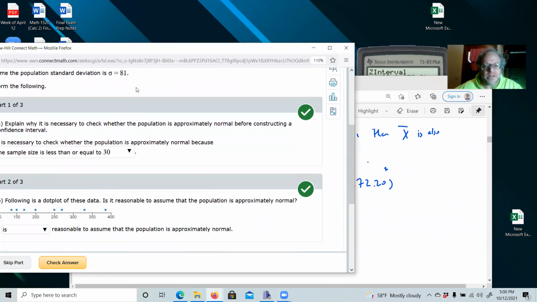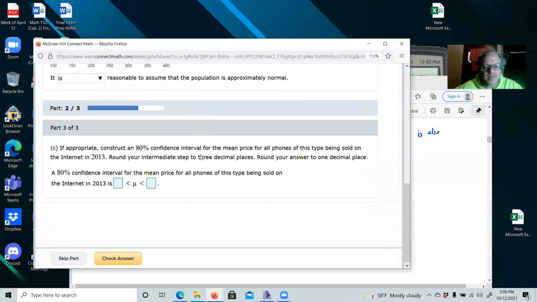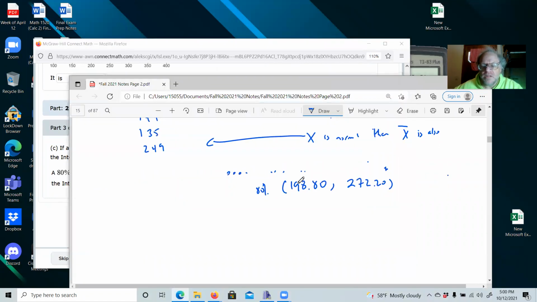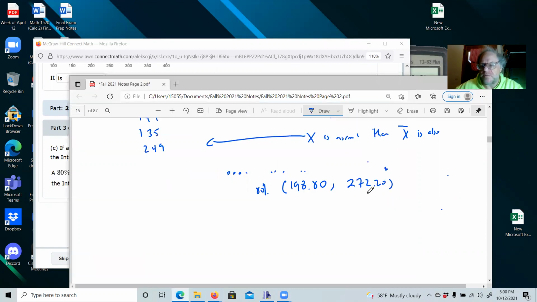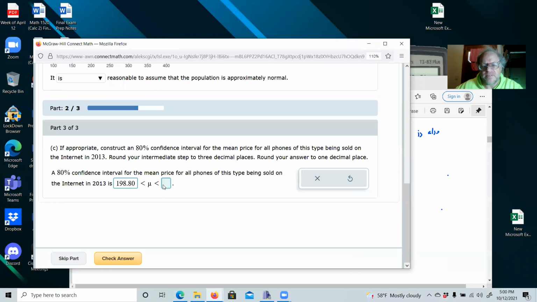So what we're going to do, come down to this, and say, what do we have here? We have $198.80. And then what's my highest one? My highest one was $272.20. All right.